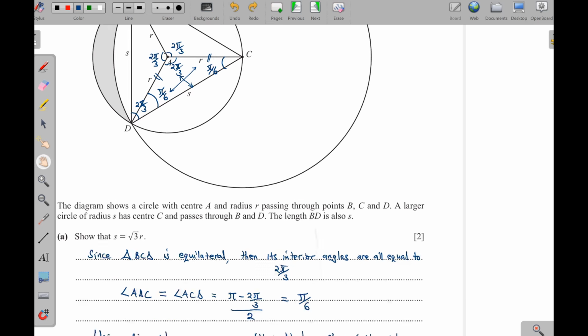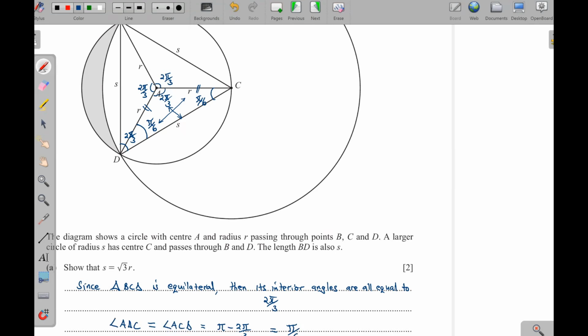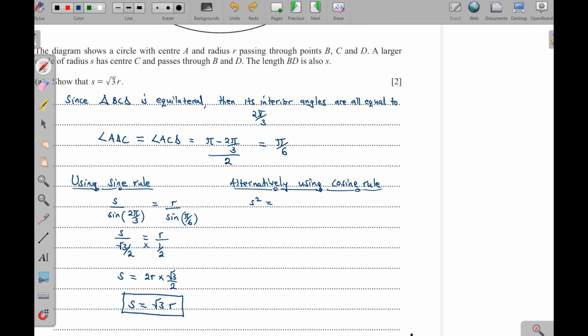So we can say s squared is equal to, then the other two sides that are forming the angle that is opposite to this s, we have this r and then this r here. So we shall have r squared plus r squared, then minus 2 times r times r, then cosine of the angle that is opposite to s, that is 2 pi over 3.